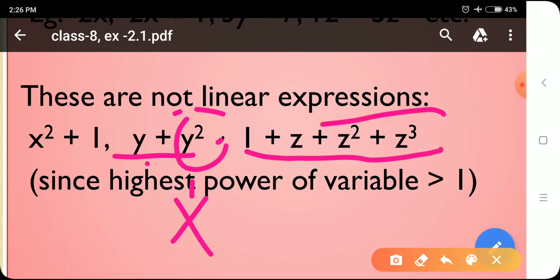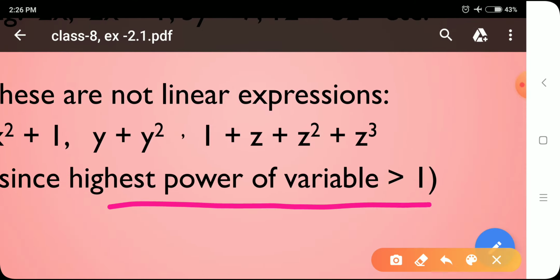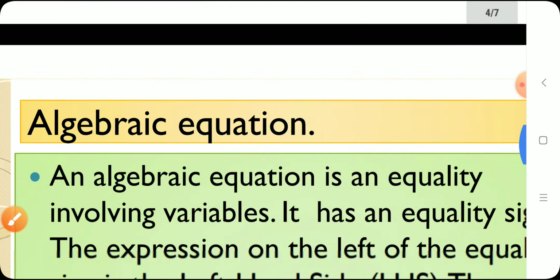In this one, the highest power is 3. Since the highest power of the variable is greater than 1, they are not linear expressions. Linear expressions are those whose highest power is 1.